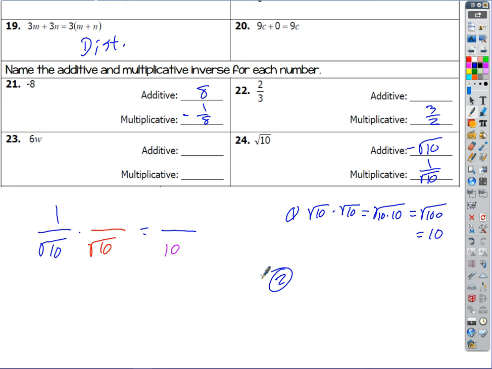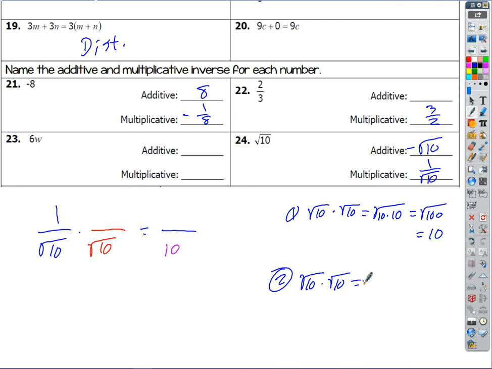There's another way that might even be easier. The square root of 10 times the square root of 10. If we multiply 2 times 2, what's another way of saying 2 times 2? 2 squared. What's another way of saying 10 times 10? So what's another way of saying the square root of 10 times the square root of 10?